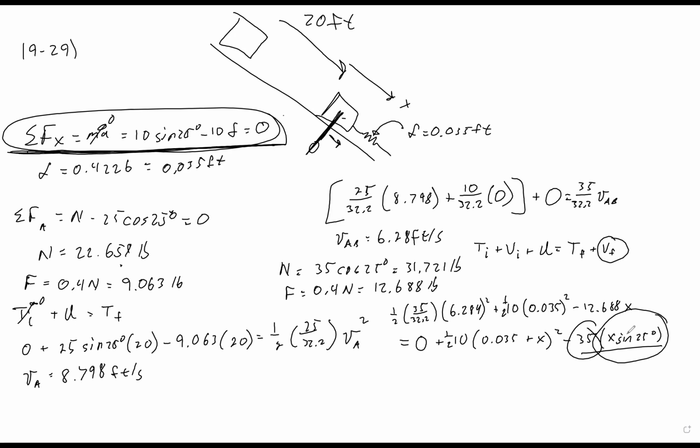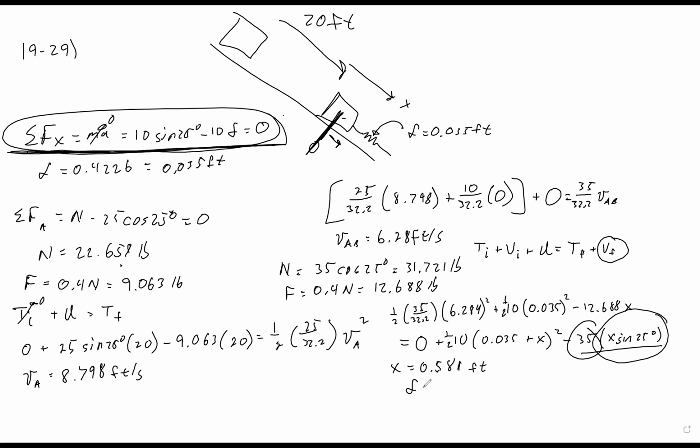If we solve for x, and it's quite a bit of algebra, you will get 0.581 feet. All right. And so the compression of the spring is going to be that new distance plus the initial compression.